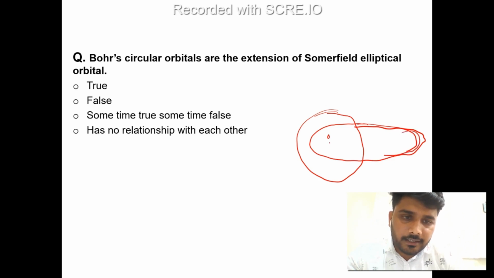Let's say this is the major axis, this is the minor axis of this ellipse. The nucleus is in the center of the circle, but on the focus of this ellipse.